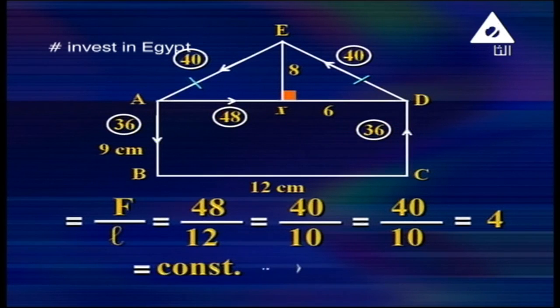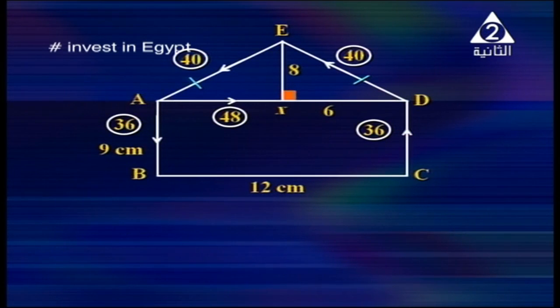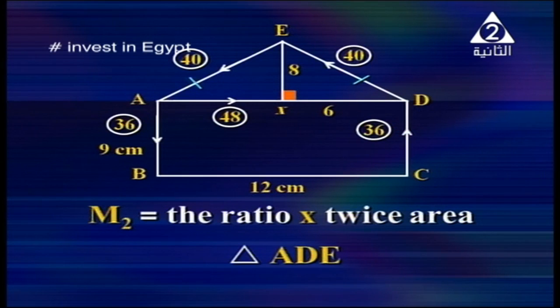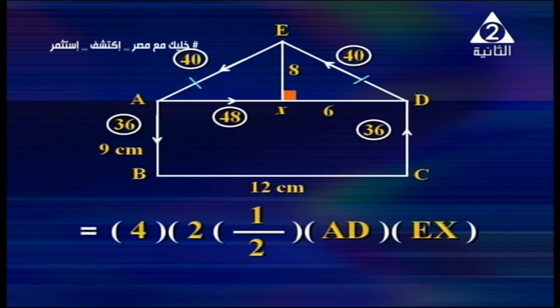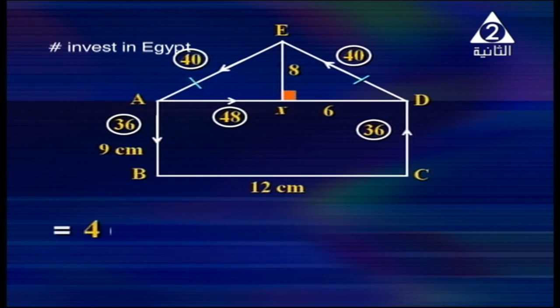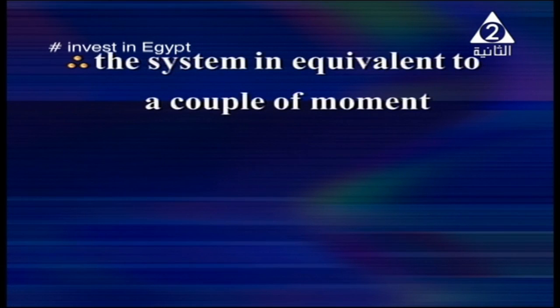Therefore, this is constant, the value of K. The moment of the couple M2 equals the ratio times twice the area of triangle ADE. The constant is 4, the area of triangle ADE is half times AD times EX, so twice the area is 12 times 8. Then 4 times 12 times 8 equals 384 gram weight centimeter.